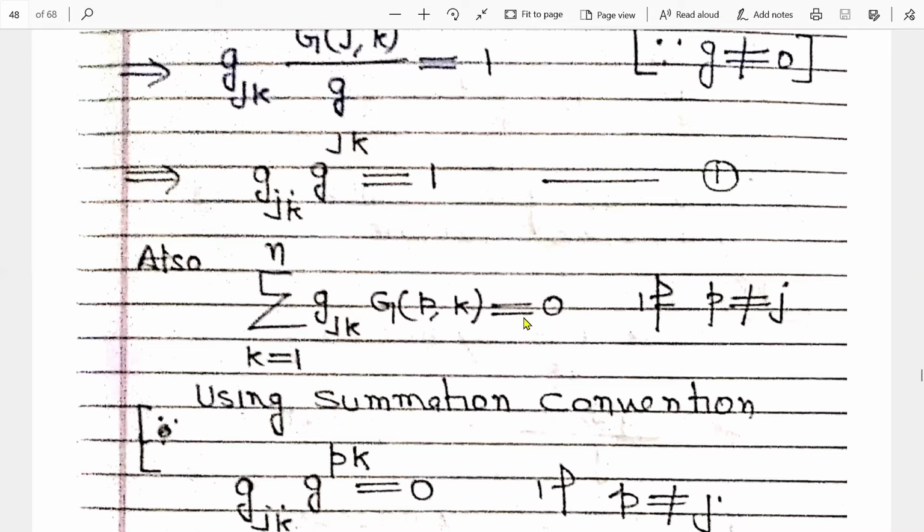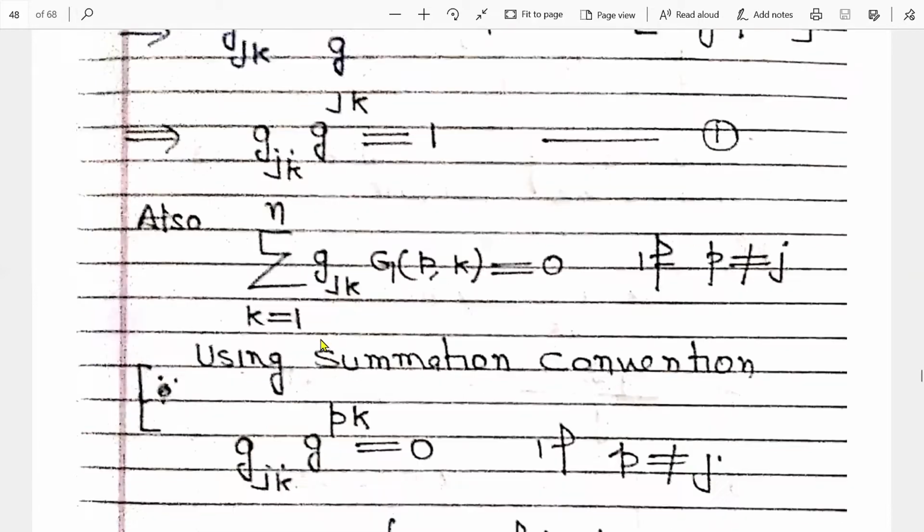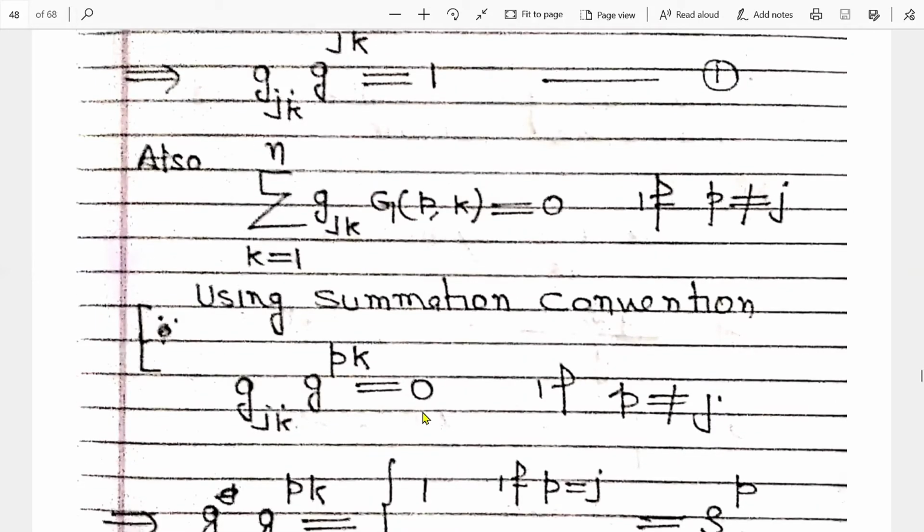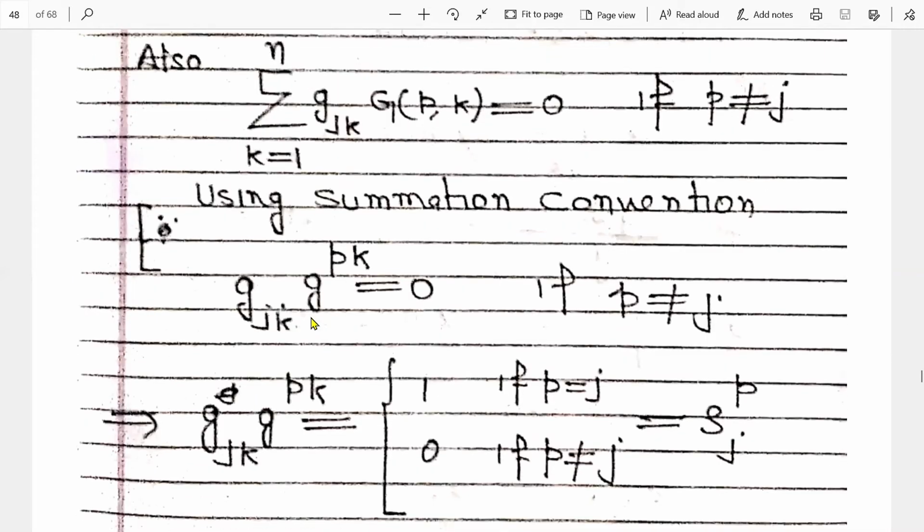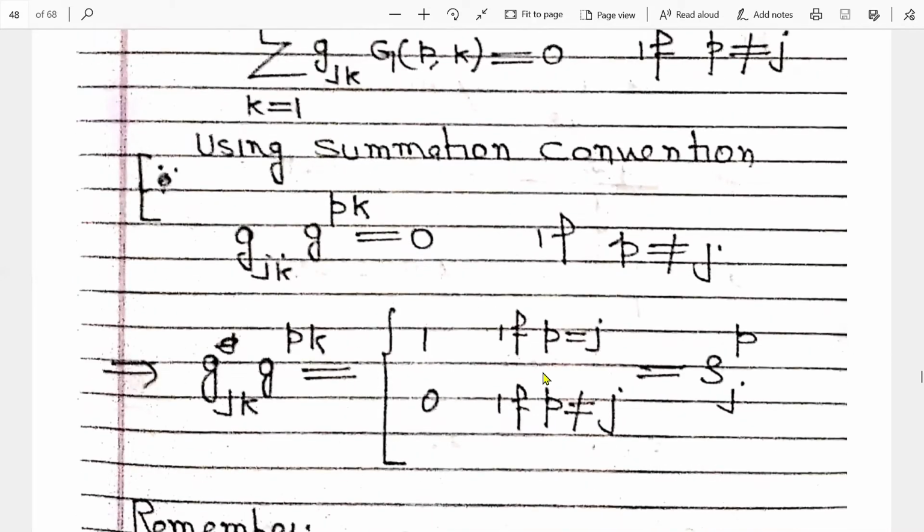If they are different, then this value is 0. It means if p is not equal to j, this product is 0, right? So this value is 1 if p equals j, and this is 0 if p is not equal to j. Then what is this? It is the Kronecker delta with p and j.